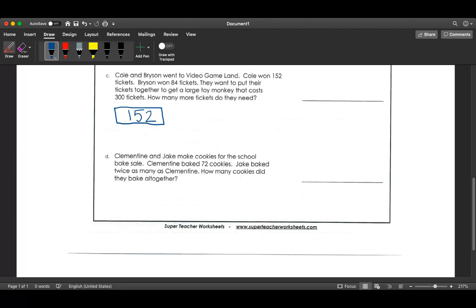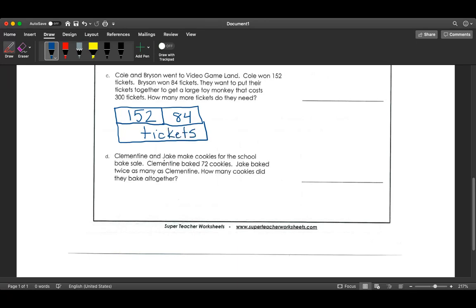And I'm going to draw a bar then for Bryson. And Bryson had 84. So if we use a part-whole model again, we can figure out how many they had in all. So this will tell you their total tickets that they have.